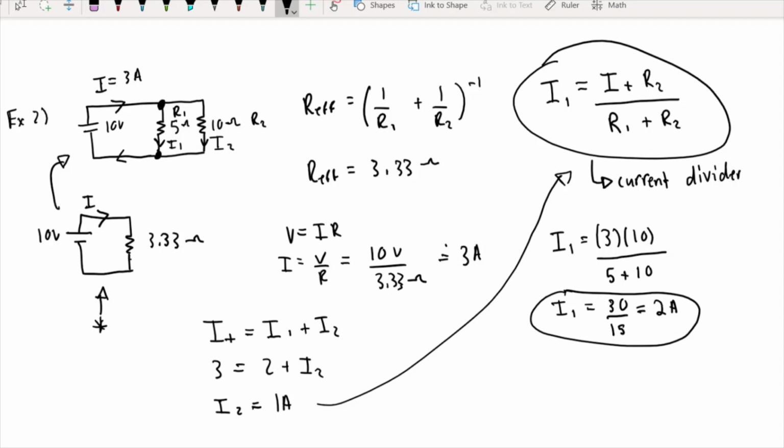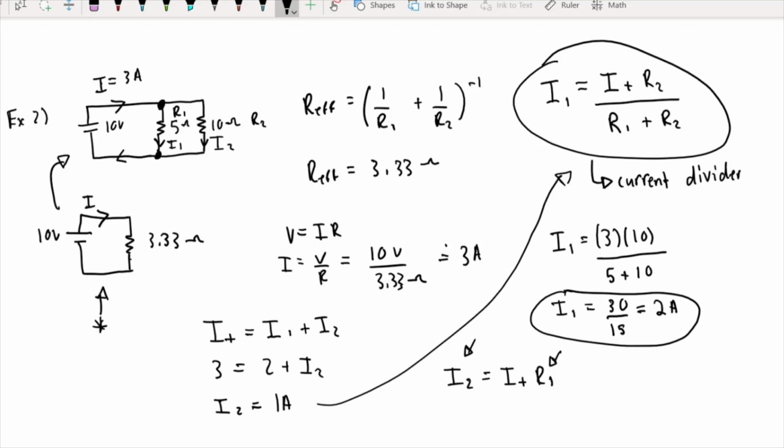So let's double check with the current divider. This time we want to find I2. So I2 equals I total times R1 this time. So every single time you write down this formula, the only thing that changes is what you're finding and then the resistance at the top.